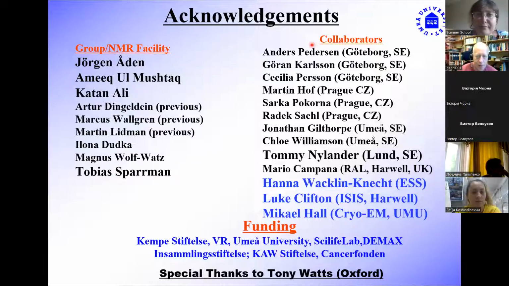They helped a lot with some expression. Martin Schaka-Radek helped a lot with leakage. Jonathan and Chloe work on SOD protein. Tommy Nylander in Lund and Hannah in Lund helped a lot with the neutron work, and especially Luke helped with all the neutron work in England. With Michael Hall we also do cryo-EM on the BCL2 BAX complex.